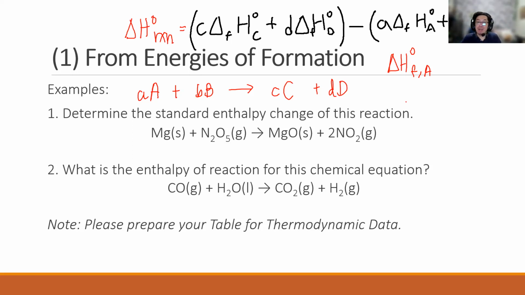So we get the summation of the enthalpy of formation of the products multiplied by their respective stoichiometric coefficients, minus the summation for the reactants. So you really know what to do. You can have the examples now.